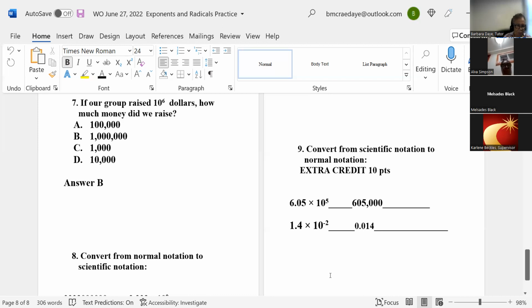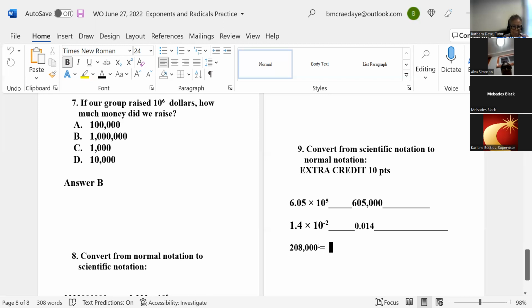Albert, if I gave you this number, 208,000, and I say, write this in scientific notation. Give me the number less than 10 first. Where would you move the decimal point?